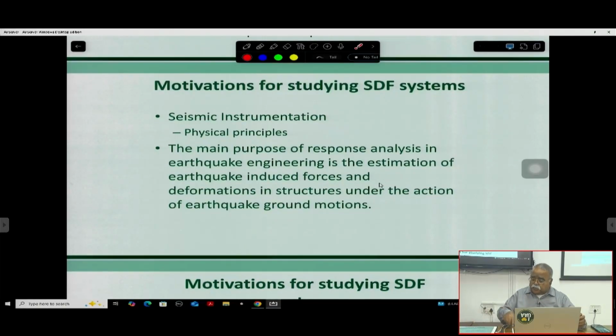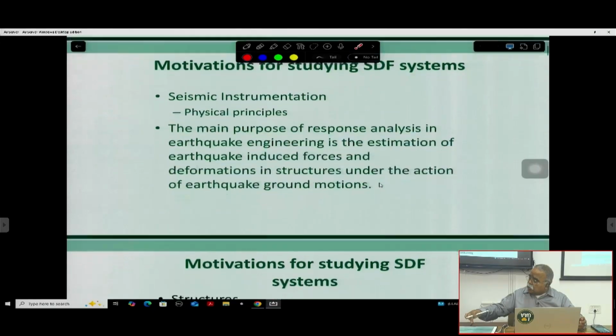The main purpose of this response analysis is how an earthquake impacts a structure, and how we understand the impact of this earthquake on that structure. So that means we try to understand the response of the structure.